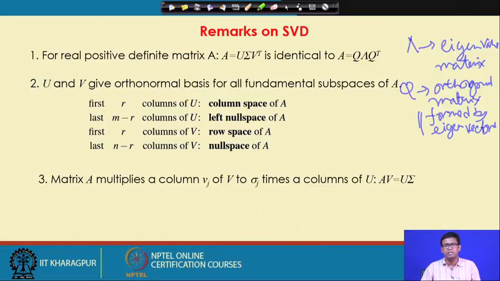By this decomposition we can get the bases for the fundamental subspaces of A: column space, row space, null space, left null space. And also AV is equal to U sigma; this relation says that I can transform column space to row space or vice versa using this decomposition and the A matrix.